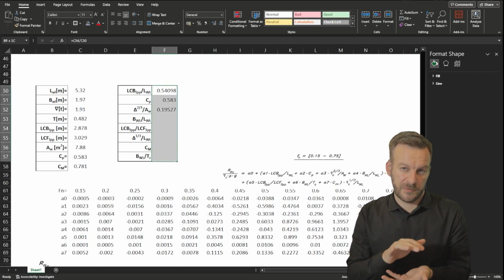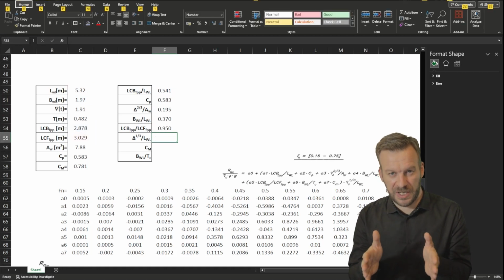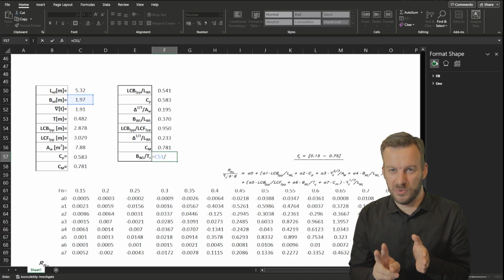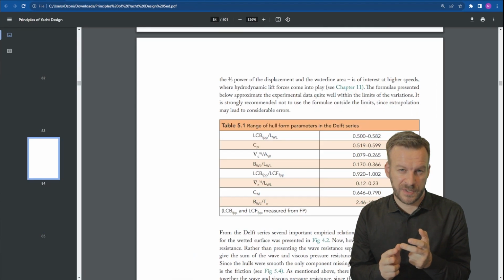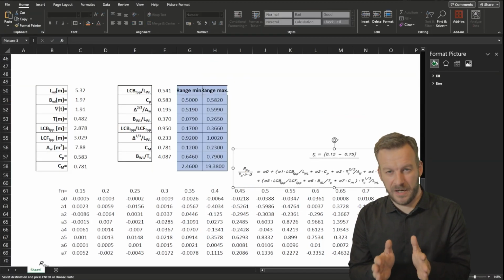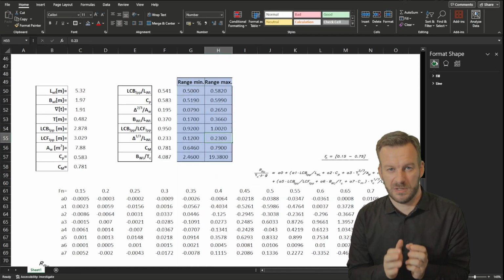There are limitations that were given with the formulas, and if you are too much outside of that range, don't use that formula. It's very simple. We are just on the limit with two inputs. One is breadth versus length. The other one is displacement to the 1/3 versus length. So we are on the limit, but we are still there. But be careful, if you are way too far off the range of the series, don't use that series. It's as simple as it is.